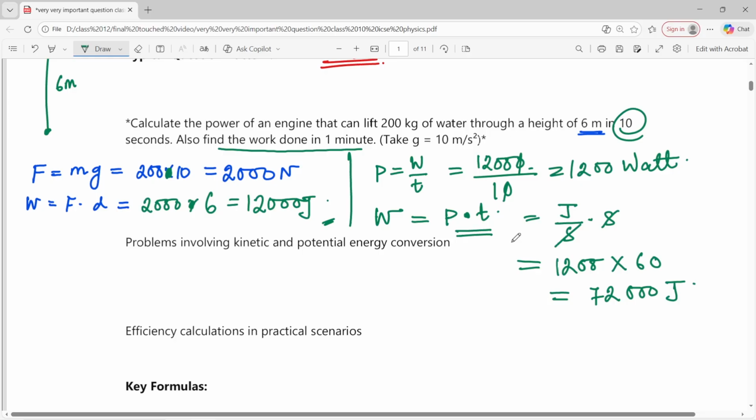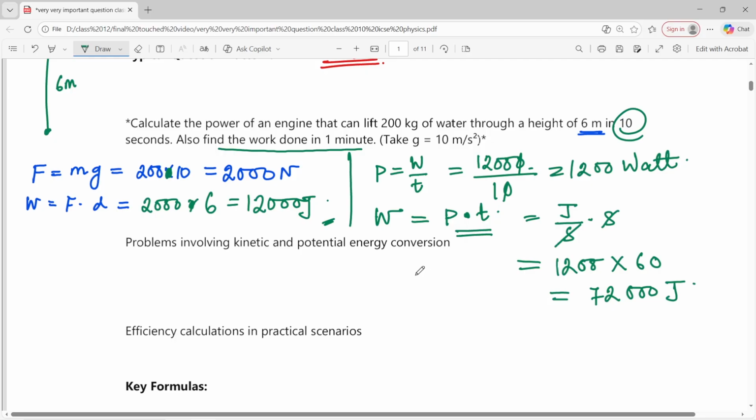Problem solving involves kinetic energy and potential energy conversion: how to convert kinetic energy to potential energy, potential energy to kinetic energy, and total energy is conserved. See the work done chapter. In the part C concept book, there is the total energy conservation derivation, or work energy theorem. You see that derivation.